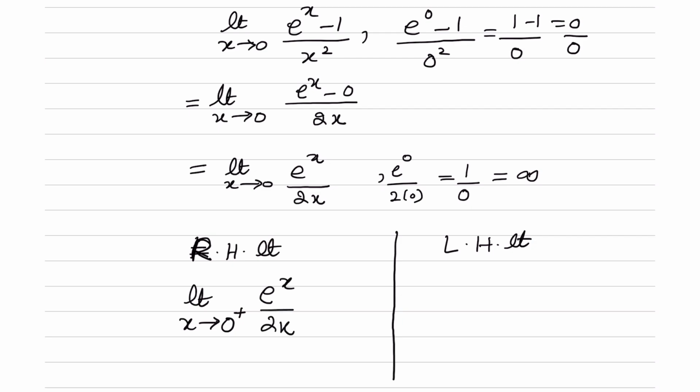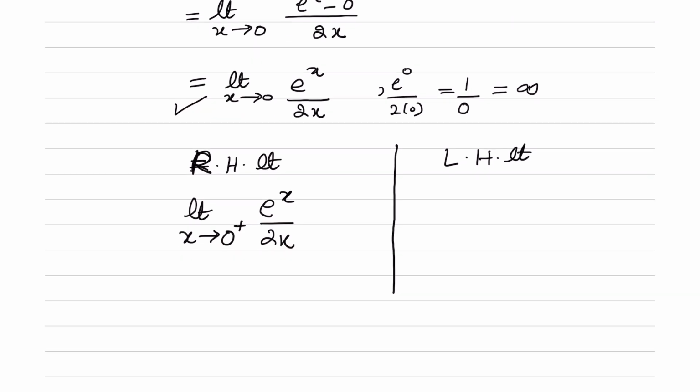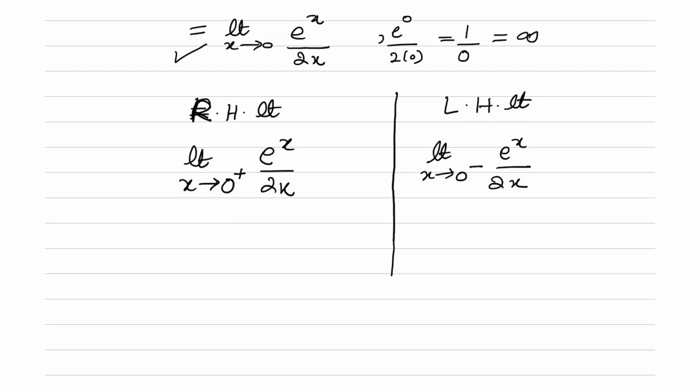Since putting the limit in e power x over 2x gave us infinity, we will split this limit question into two parts, right hand limit and left hand limit. And left hand limit is limit x is approaching to 0 minus e power x over 2x. Both answers initially we will put infinity, but then we will decide on the sign of infinity.